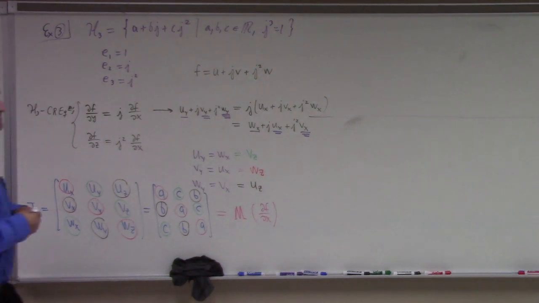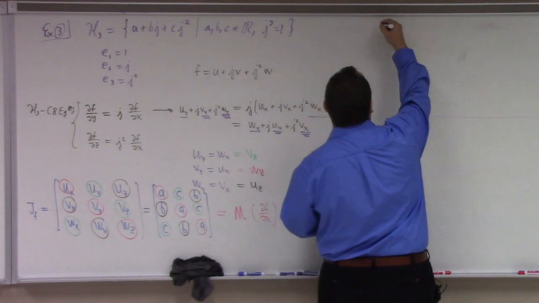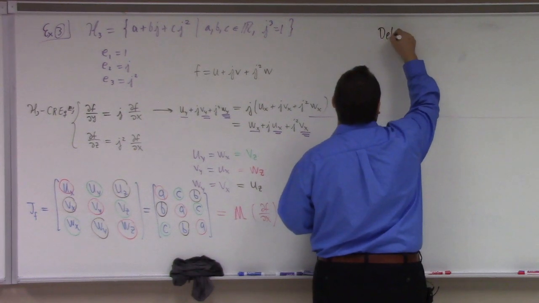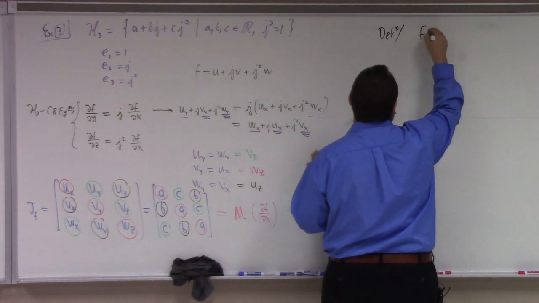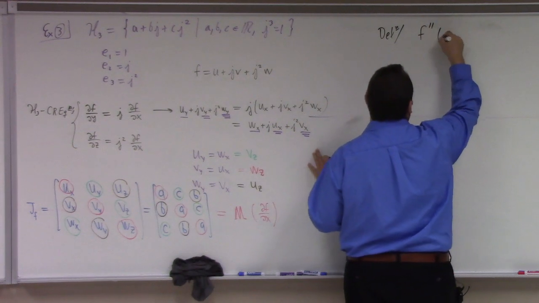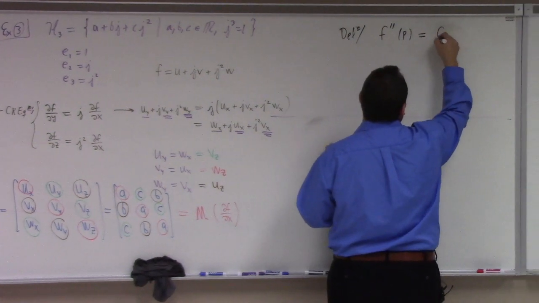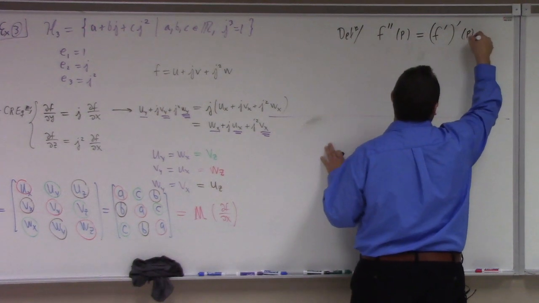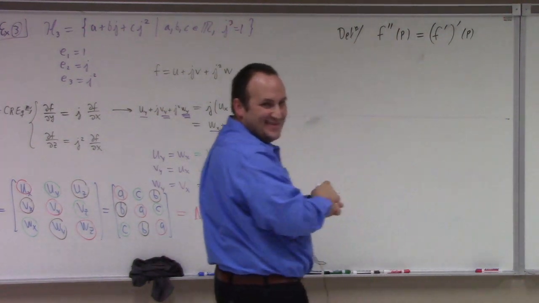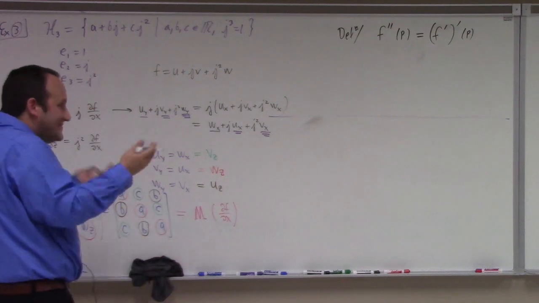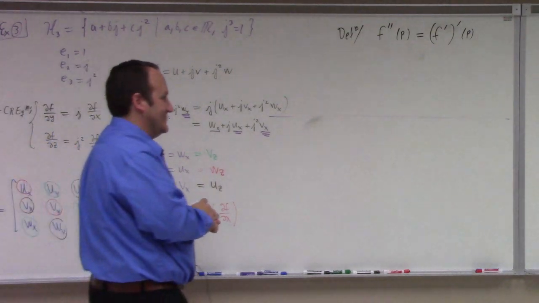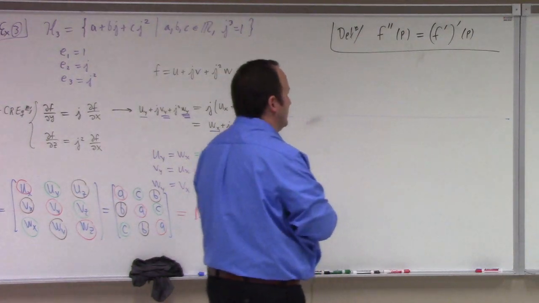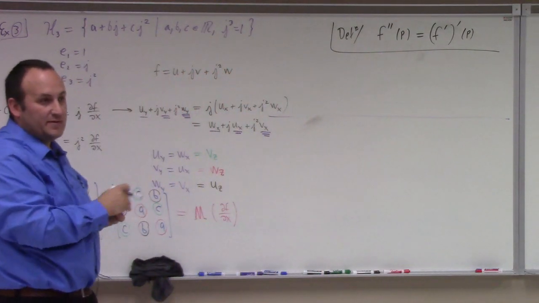So by definition, f prime prime of p is going to be f prime prime of p. In other words, you differentiate the derivative to get higher derivatives and so forth.